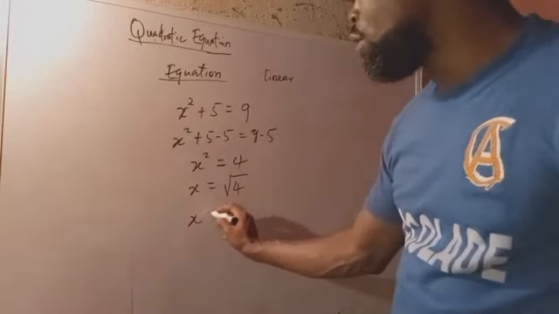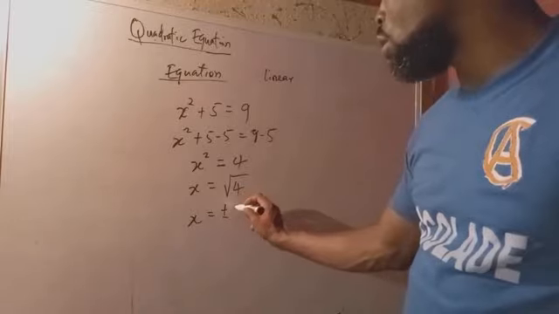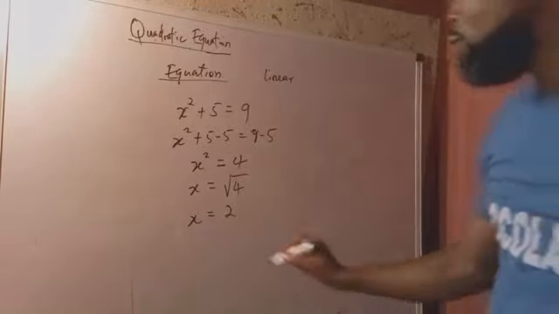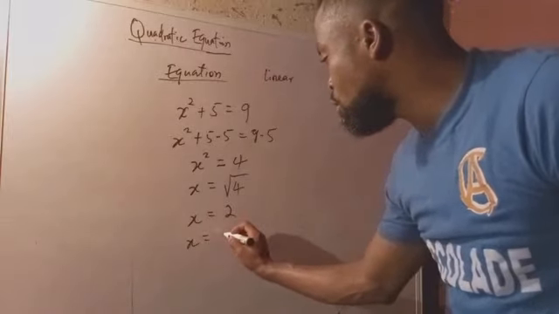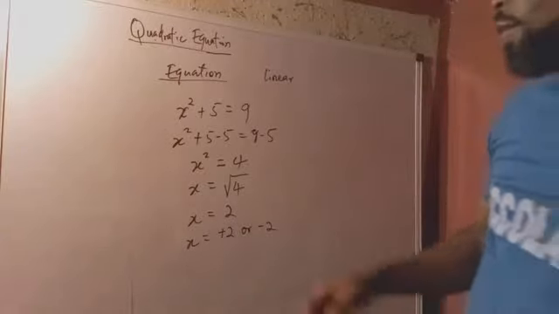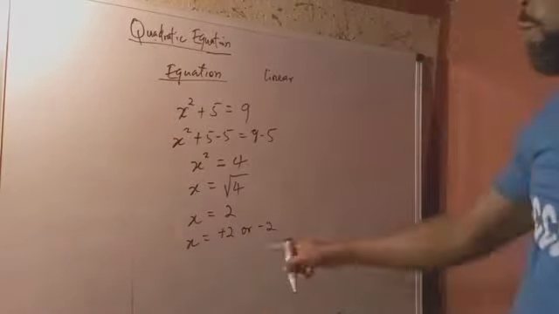And when we do that, x equals plus or minus what? The square root of 4 is 2, right? x can have two different values. So this can be x equals plus 2 or minus 2, right? Okay, fine.